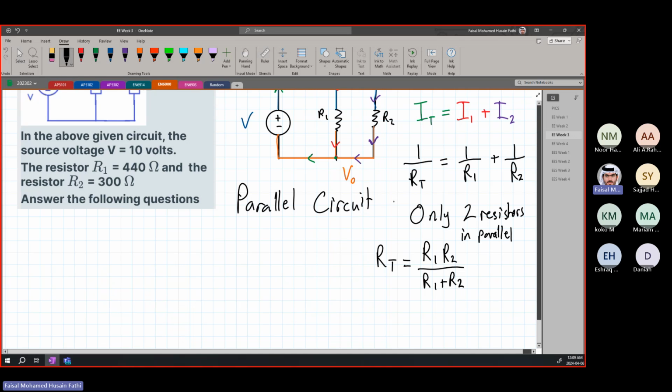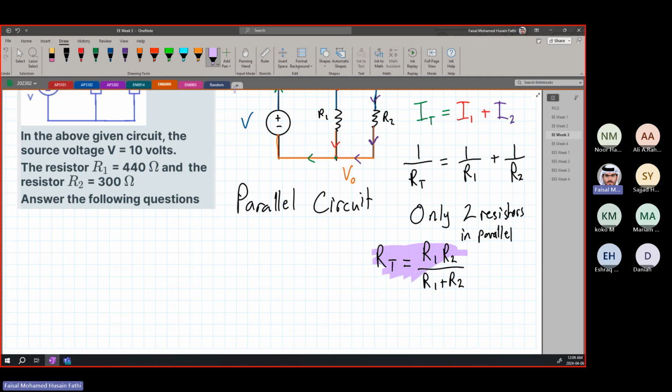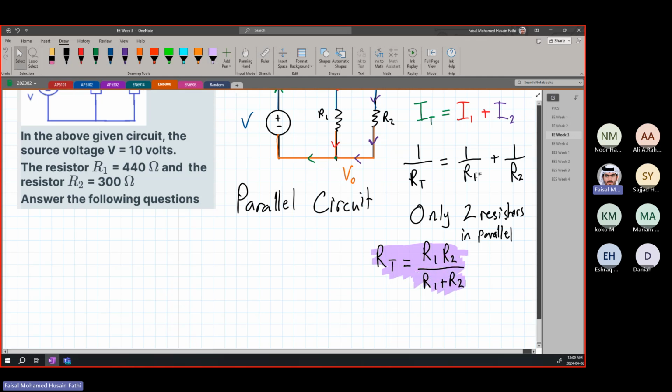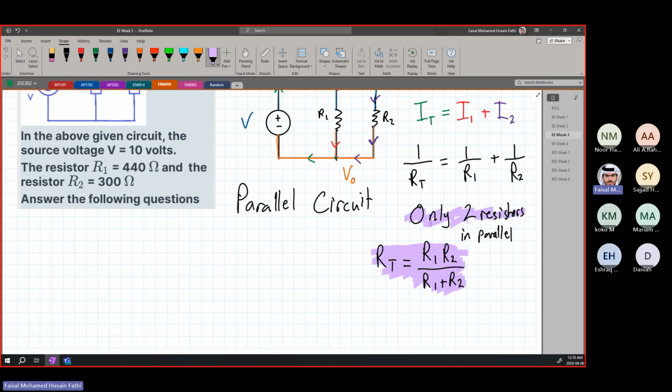This is a very nice way of making your life a bit easier when you want to calculate. Instead of putting all of this in the calculator and wasting time doing 1 over, 1 over, 1 over, you can use this simplified version. This is only in the case of two resistors in parallel.